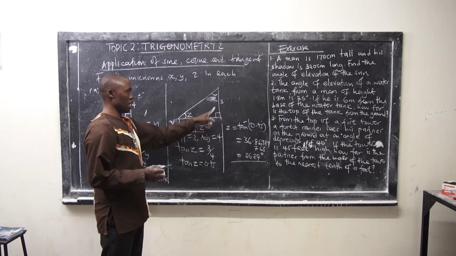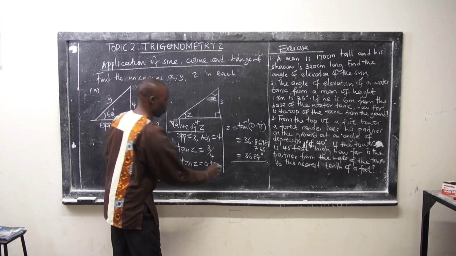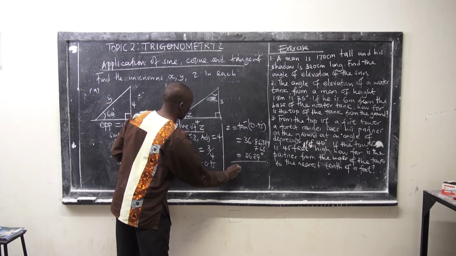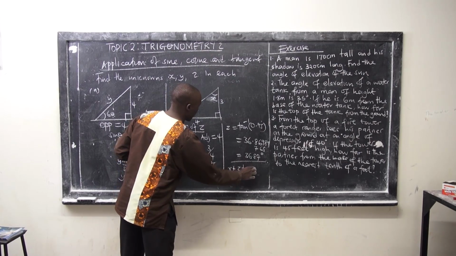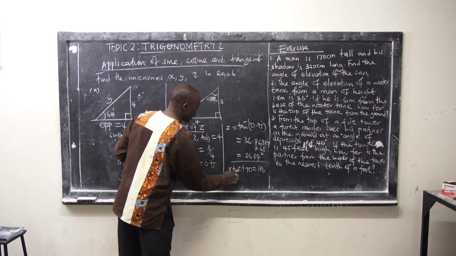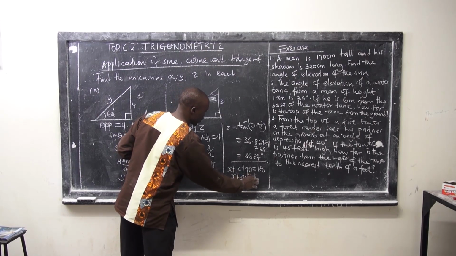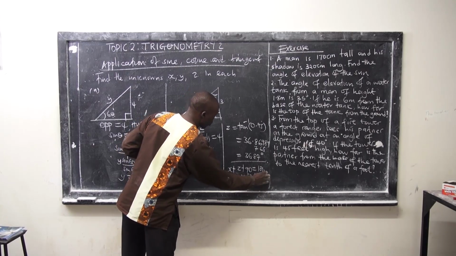You can find this other angle x by taking x to be the key angle, then 4 will be the opposite and 3 will be the adjacent, or rather we can say x plus z plus 90 gives us 180, where we can work out x plus 36.87 plus 90 equal to 180.